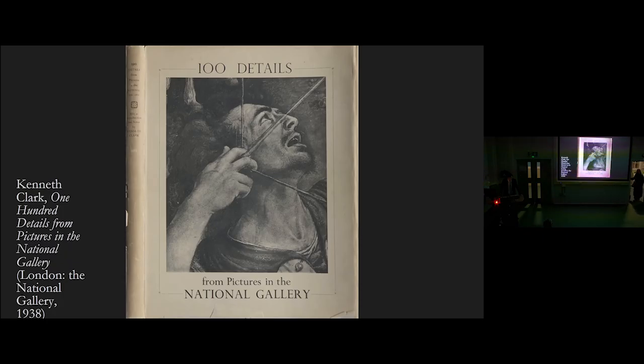The book's popular success reveals a distinctive modernist eye which recasts the National Gallery's collection of Western art as a series of revelatory flashes. The telling detail becomes central to an art history composed of pictures.